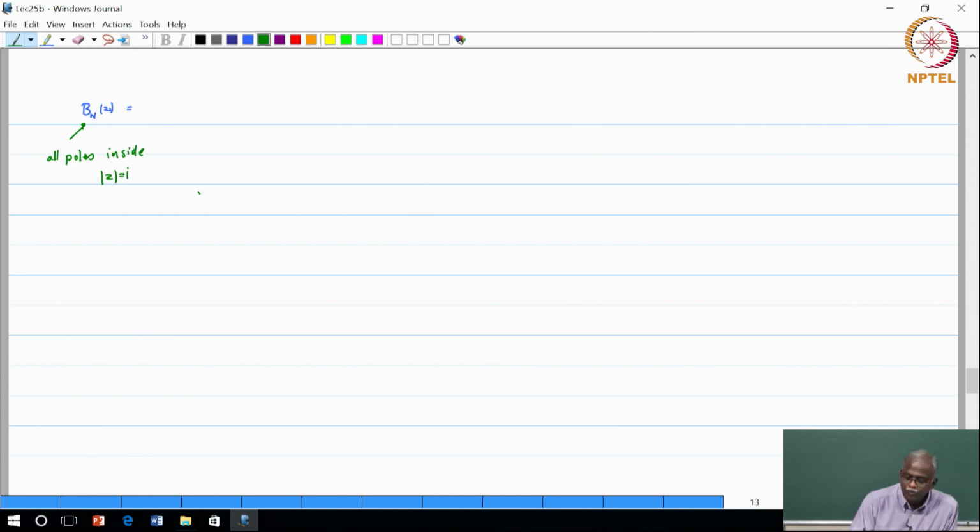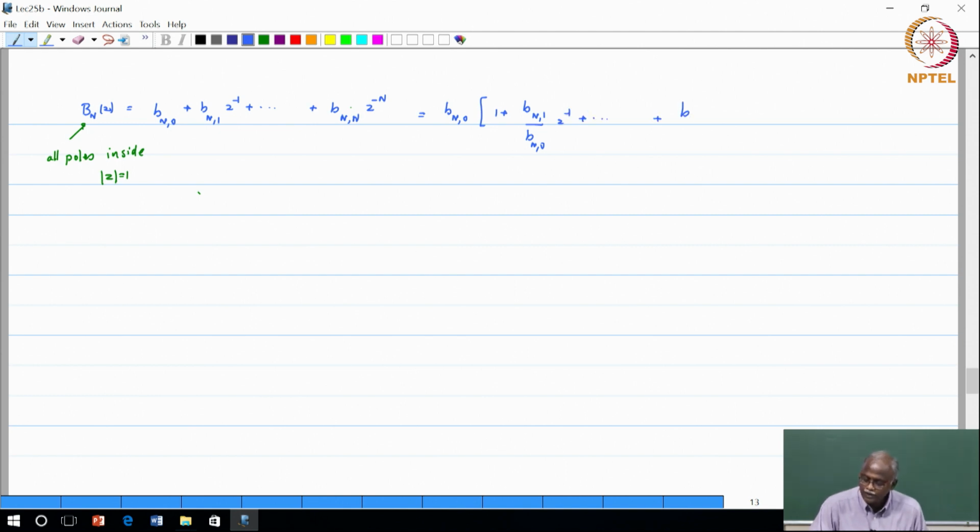Okay. So, now Bn of Z, we have written it down as Bn comma 0 plus Bn comma 1 times Z inverse, dot dot dot, plus Bn comma n Z power minus n. If I factor out Bn comma 0, again it may seem like a trivial step, but it is very important. This becomes Bn comma 1 divided by Bn comma 0 Z inverse, all the way up to the last term, Bn comma n divided by Bn comma 0 times Z power minus n.